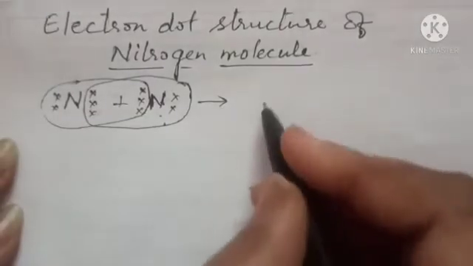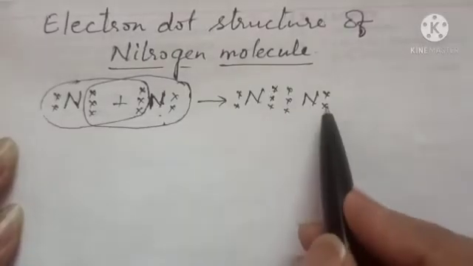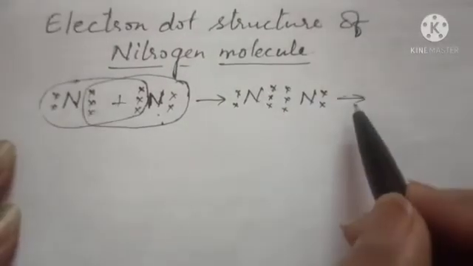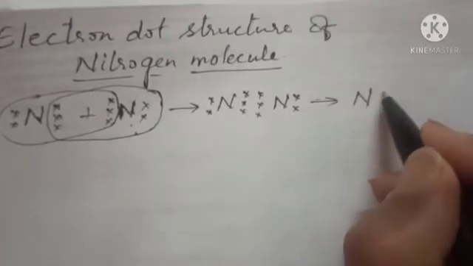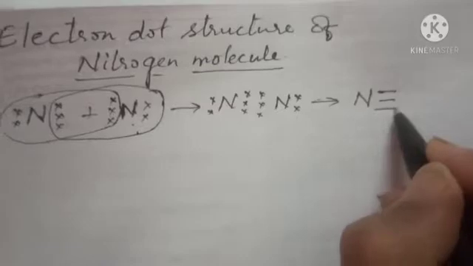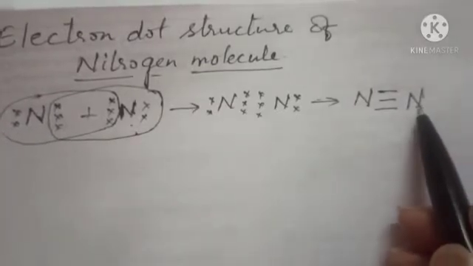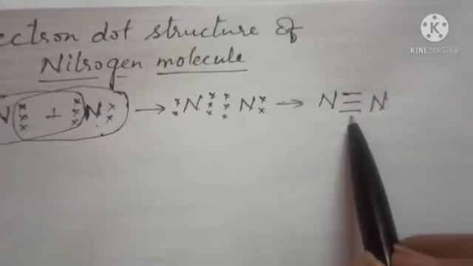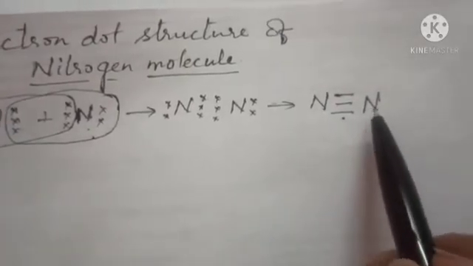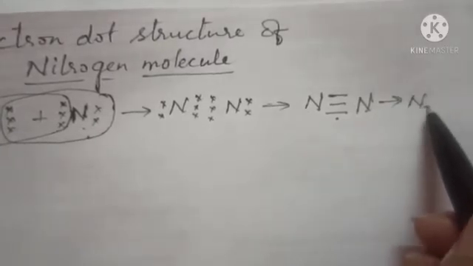Both are having 8 electrons, and because 3 pairs of electrons are shared, you will show 3 bonds between 2 atoms of nitrogen, and what are they, triple covalent bond. So a triple covalent bond is formed between 2 atoms of nitrogen and forms 1 molecule of nitrogen.